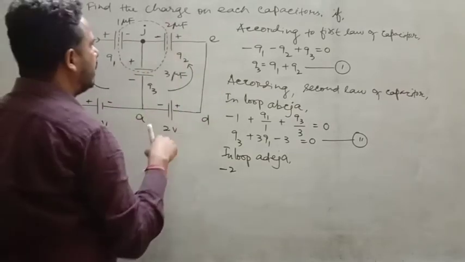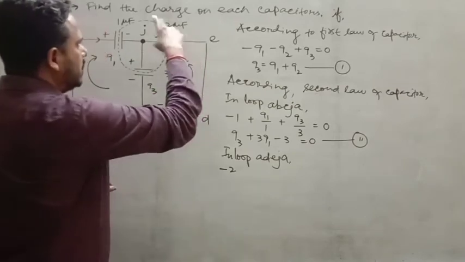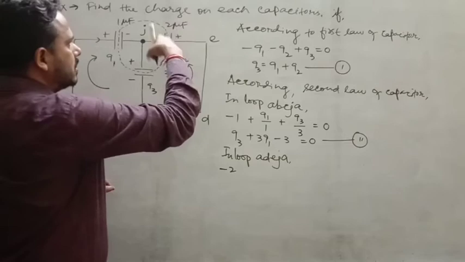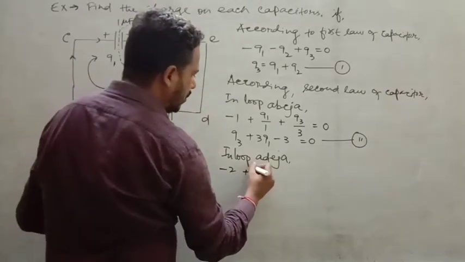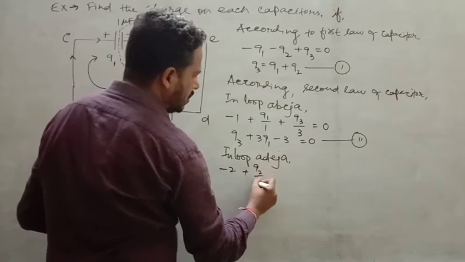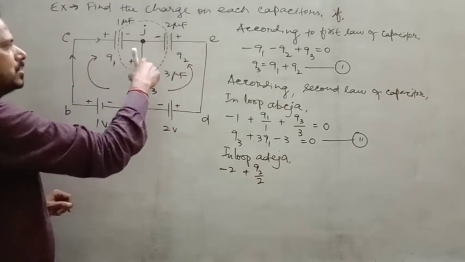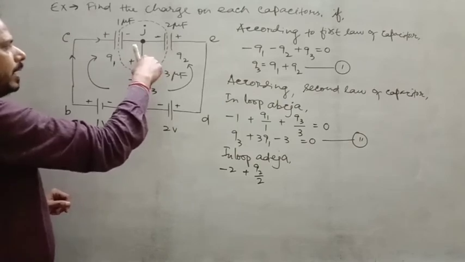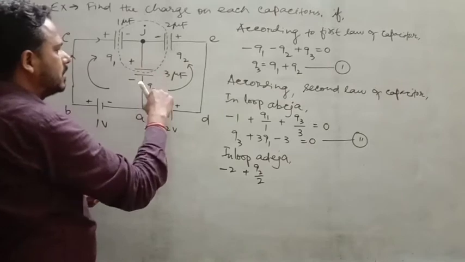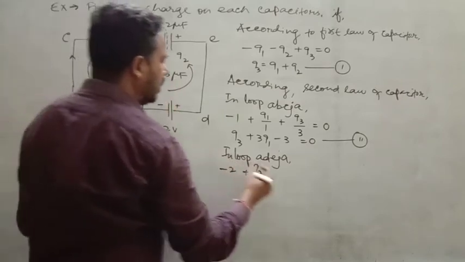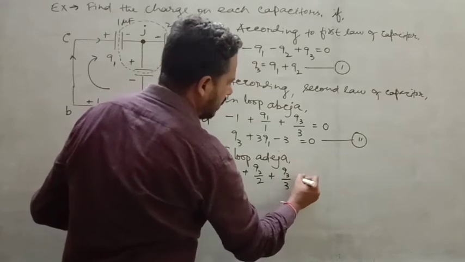Going from higher to lower potential, the potential drop in this capacitor is Q2 by 2, positive. In the same branch, going from higher to lower potential, the drop across this capacitor is Q3 by 3, also positive, and the sum is equal to 0.